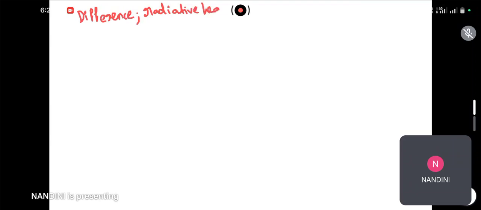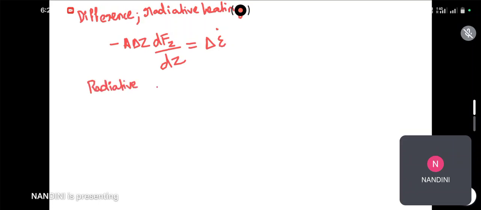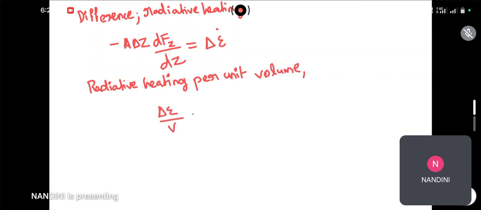So the difference is given by A delta Z into dFz by dz, which is the radiative heating delta E. Now if we find it per unit volume, the radiative heating per unit volume is given by delta E by the volume, which is A delta Z. It will be minus dFz by dz, the radiative heating per unit volume.